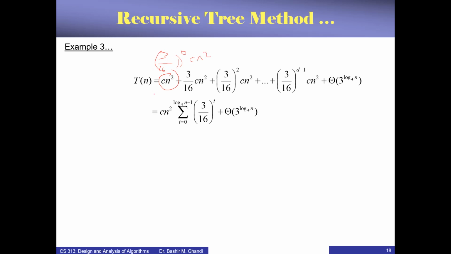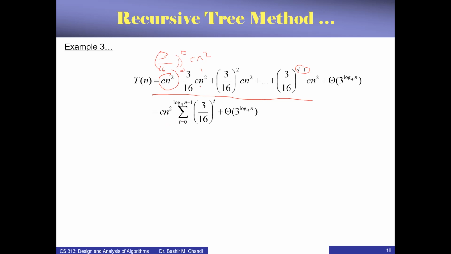So that will allow us to do the summation of the same term, for i from 0 until d minus 1. So for i from 0, 1, 2, and so on until d minus 1 is the same term, 3 over 16 to the power i. So we can represent all of those as this.